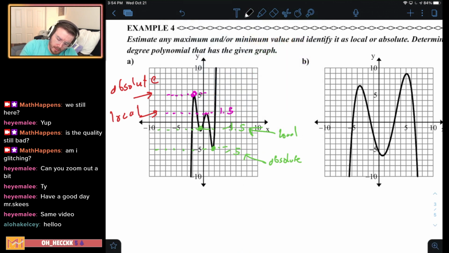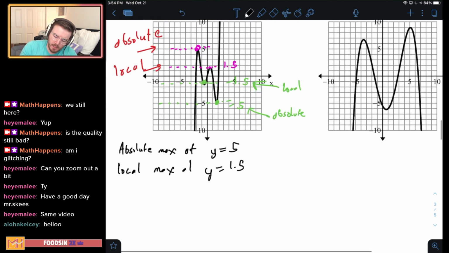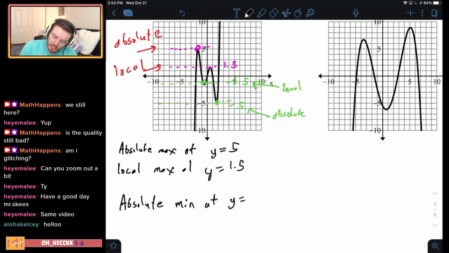So absolute max at y equals 5, local max at y equals 1.5. Absolute min at y equals -5, but a local min at y equals -1.5.